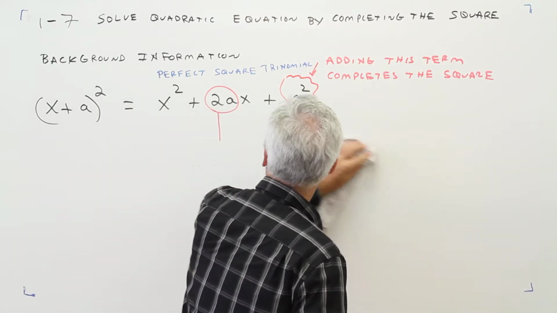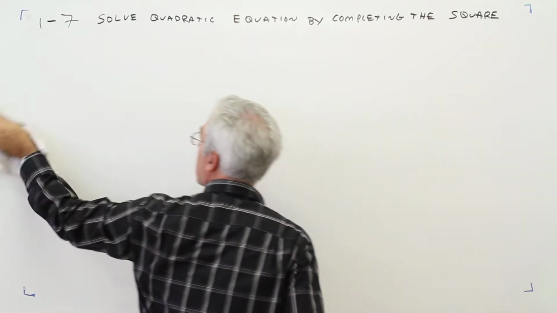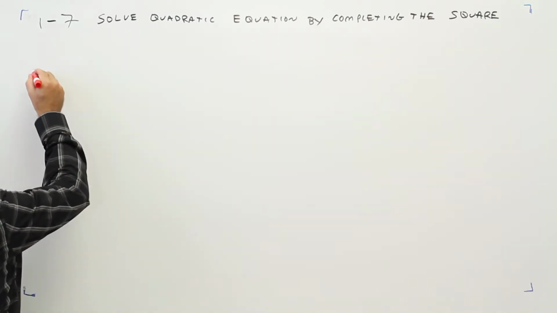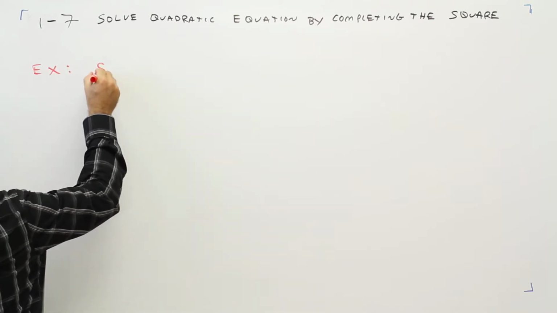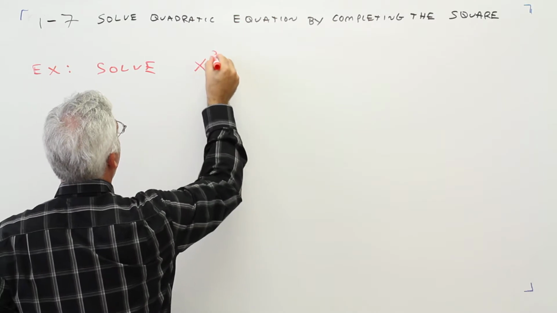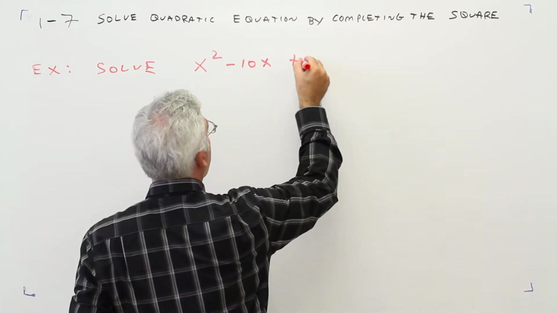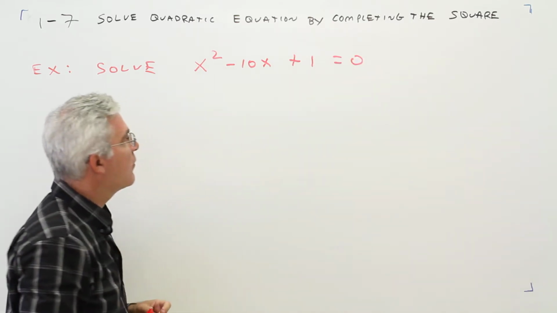All right, so let's go over an example now. So we will solve x squared minus 10x plus 1 equals 0.